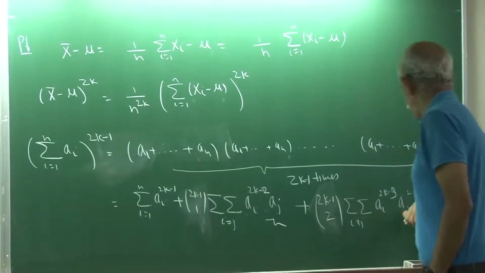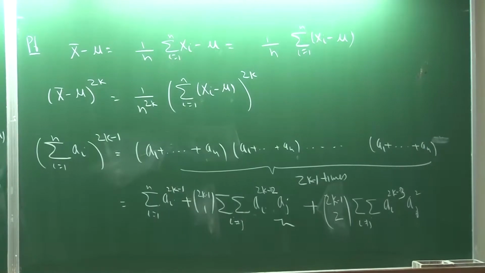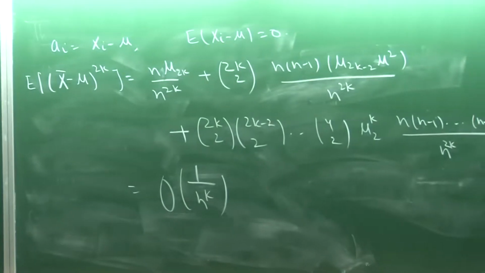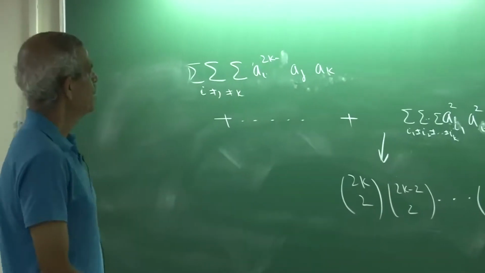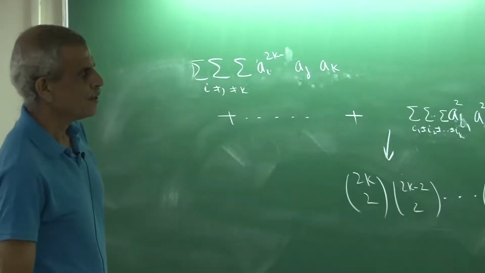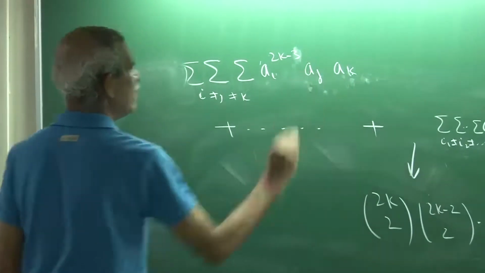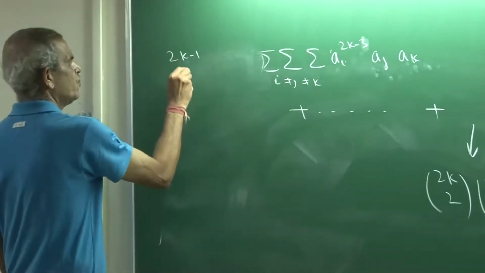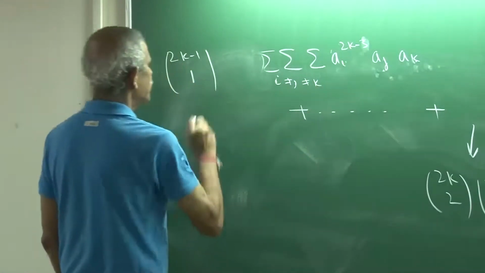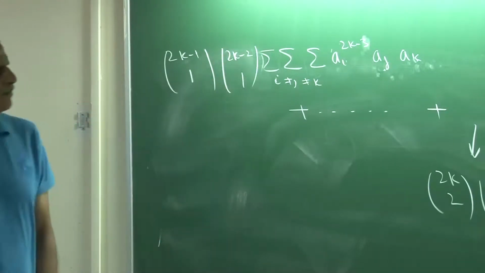So I choose the position for j. Then over here, 2k minus 3, then one different over here, and it becomes 2k minus 1 choose 1. I have chosen the position for j, then 2k minus 2 choose 1. And so on.